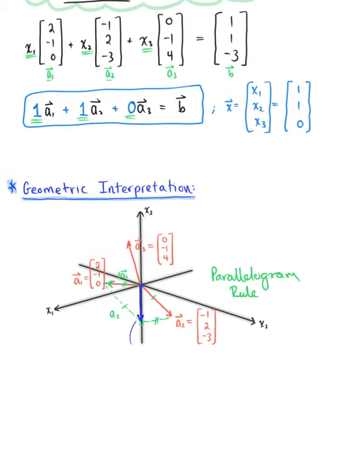So this new vector here, that's vector B, defined by the components 1, 1, negative 3. And that's exactly what we wanted. We wanted 1 of vector A sub 1 plus 1 of vector A sub 2 to produce vector B. Woohoo! So this is the column picture for this system of linear equations with our new vector B here.